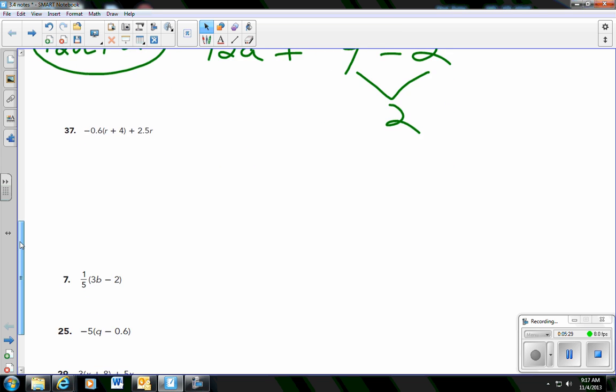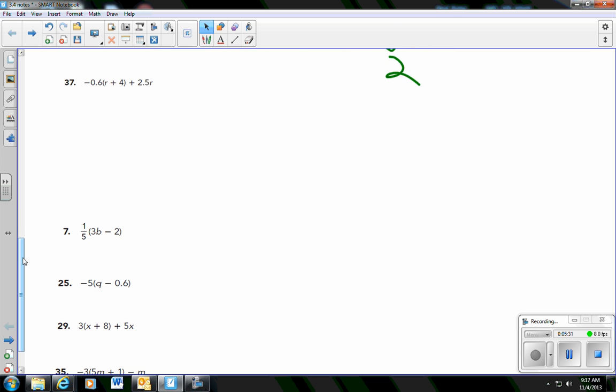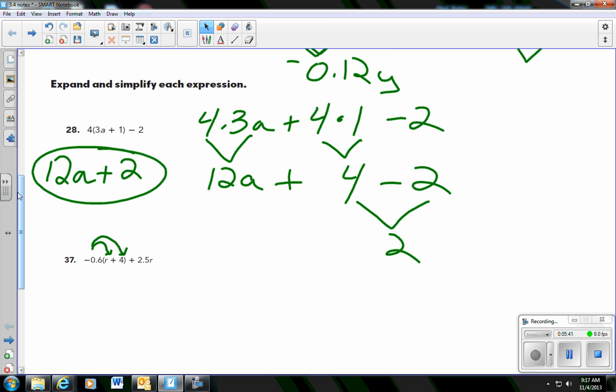All right, 37. Same thing. Now we've got the negative number outside, distributive property with the negative number out there. So again, if we go back to this last problem, we are not multiplying the 4 times the negative 2. Okay, we did not do that. The 2 is not in parentheses, so the 4 is not multiplying it. It just stayed negative 2, and then we took care of it with the like term with the 4.